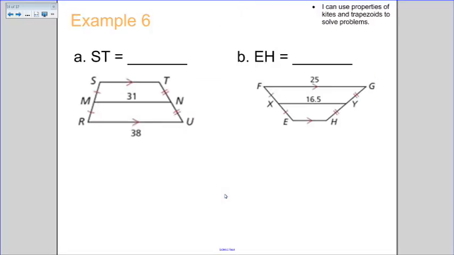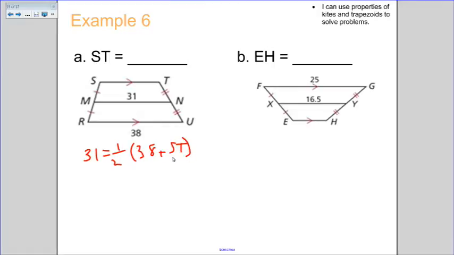Let's try a problem. Okay, example 6. I know that ST is what I'm trying to find. Well, I know that the mid-segment is 1/2 the bottom base plus the top base. So I can just write an equation here. 31 equals 1/2 times (38 plus ST). Okay?